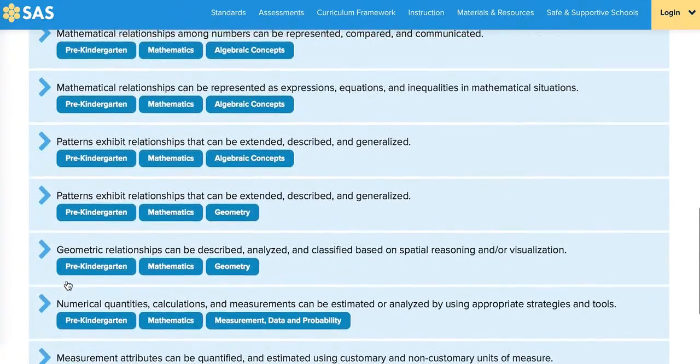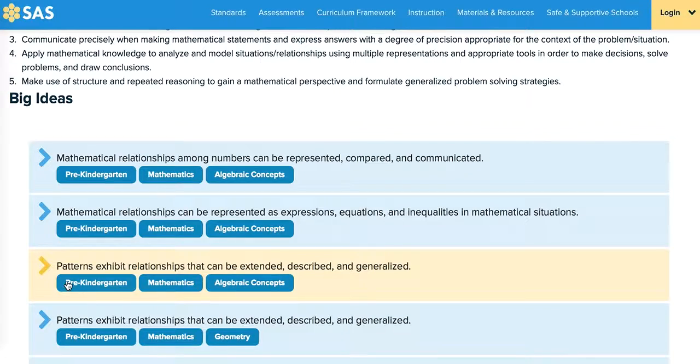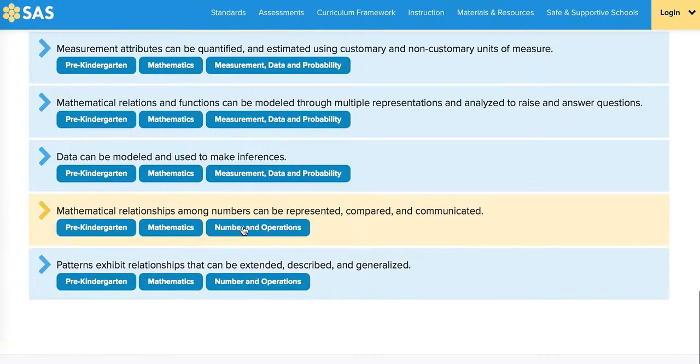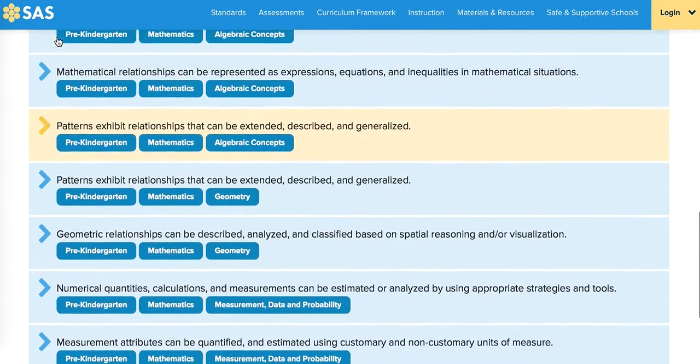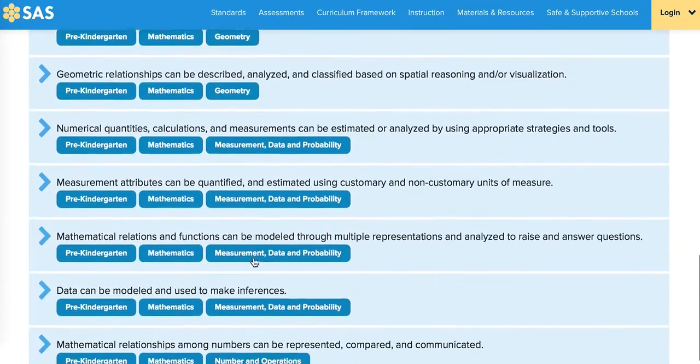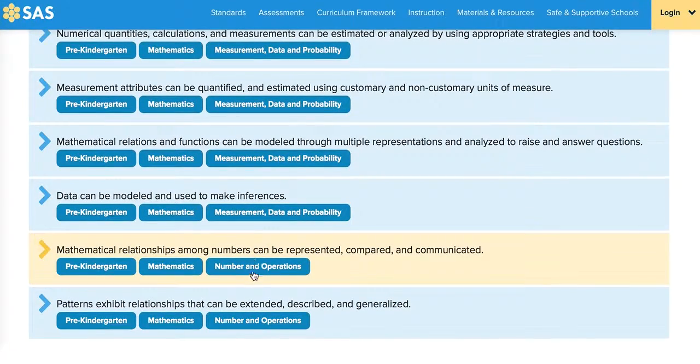But one thing that you notice is right here, do you see how for each of these we have pre-kindergarten, we have math, and then we have an area of math. And these are related to those standards areas. If you remember, I said, remember numbers and operations because that was the category that we were in before.